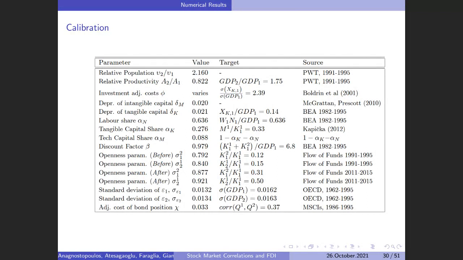It's a huge increase. And for rest of the world corporations in the US, the ratio increased to 0.31. So the level of FDI increased a lot, and we changed the sigma levels to match the change in the capital stocks that we observe in the data.